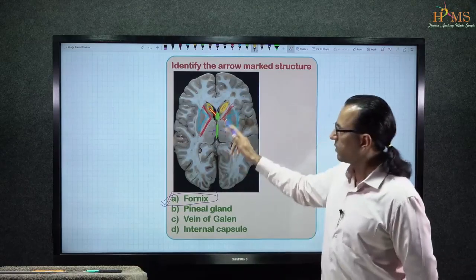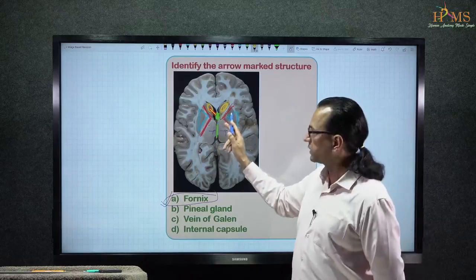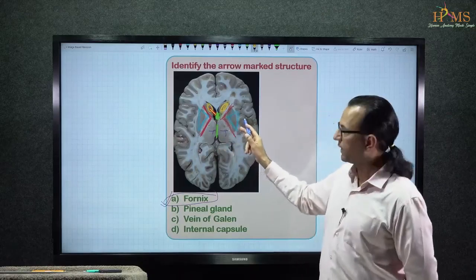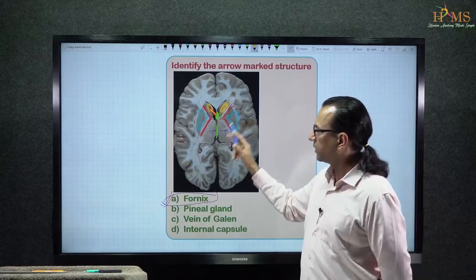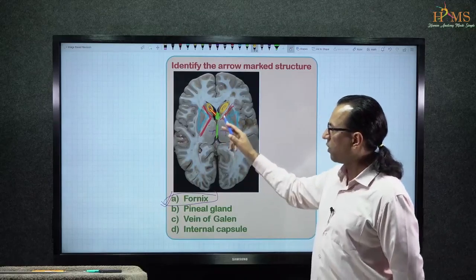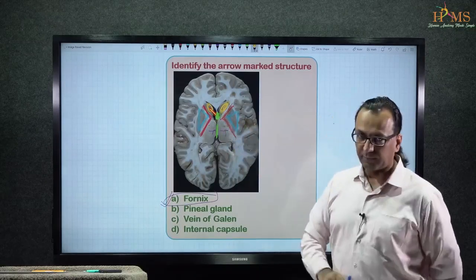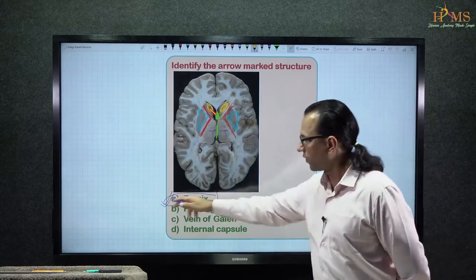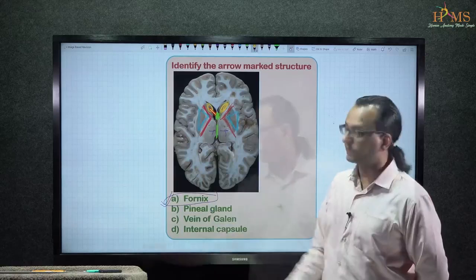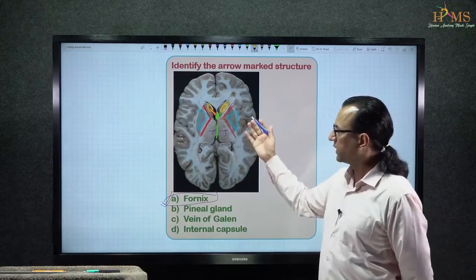You can see that the anterior limb of the internal capsule is sandwiched between the caudate medially and the lentiform laterally, whereas the posterior limb of the internal capsule is sandwiched between the lentiform laterally and the thalamus medially, and this is the bend called the genu of the internal capsule. Now, as such, the marker was asking for the fornix and we have already given our answer, plus we have added some more details in this area.